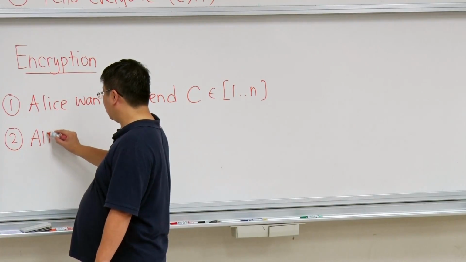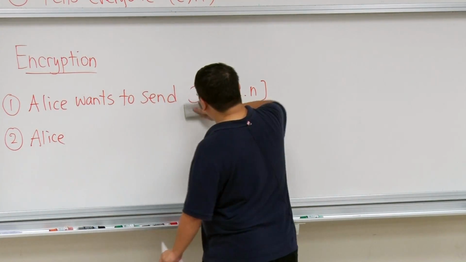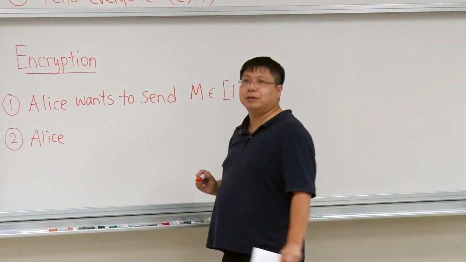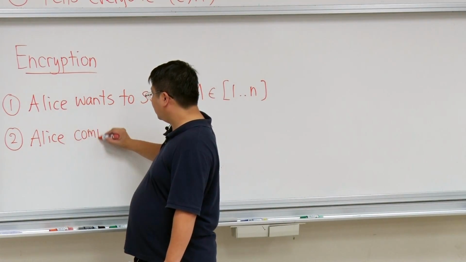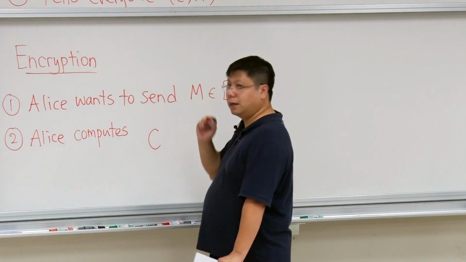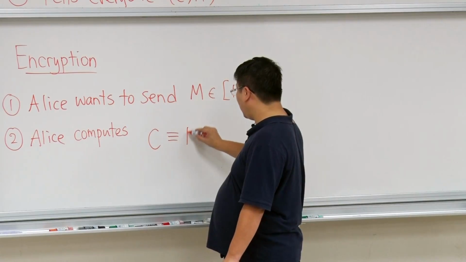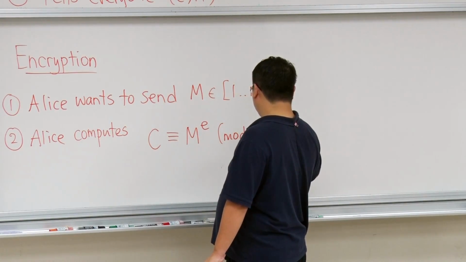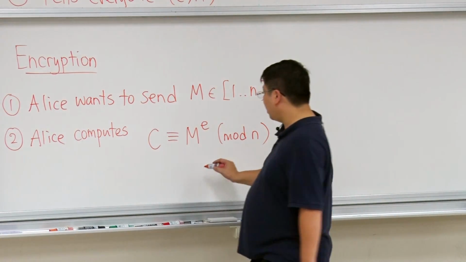Sorry, not C, let's reserve C for another purpose. Alice wants to send a message M. Alice then computes the number C, where C is equal to M to the power E mod n, and then sends it to Bob.